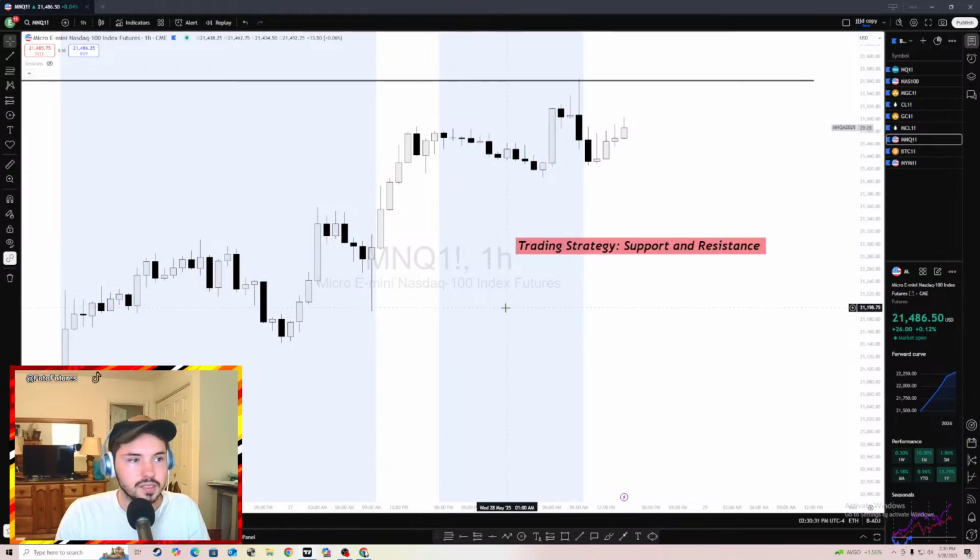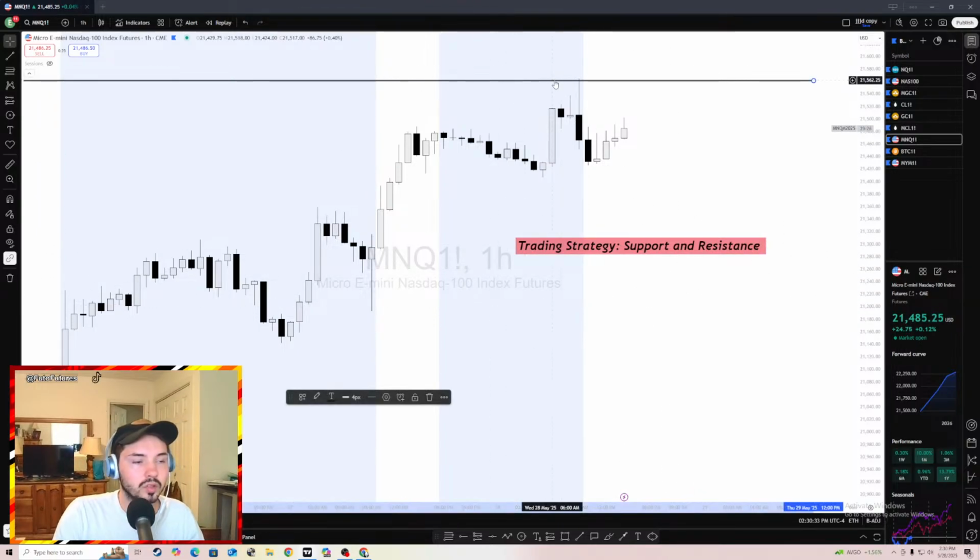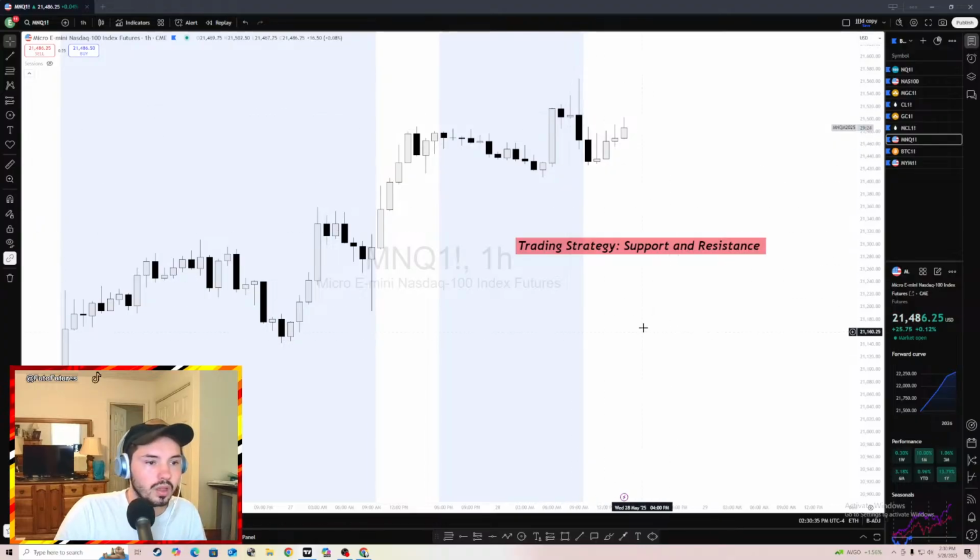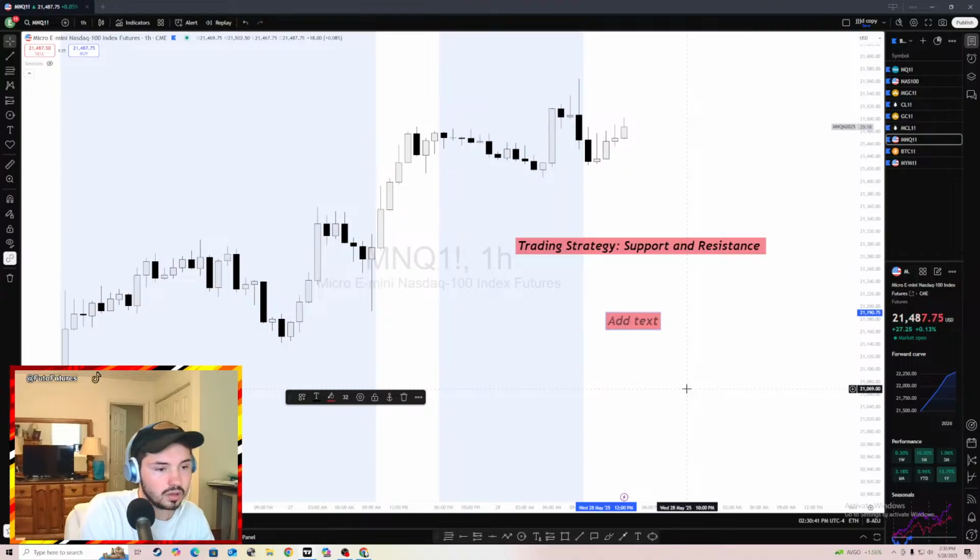If you don't know what that is, we're just looking at levels of highs and lows. Well, what am I not going to be looking at? If I'm trading support and resistance, first of all, we are not going to be looking at indicators.